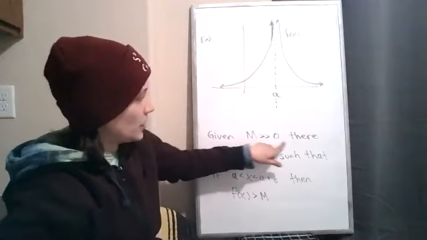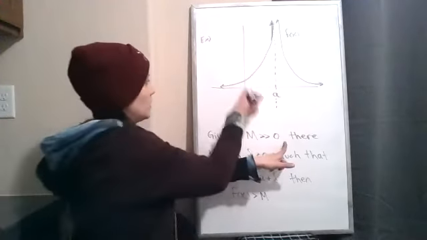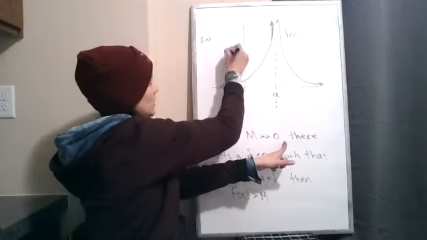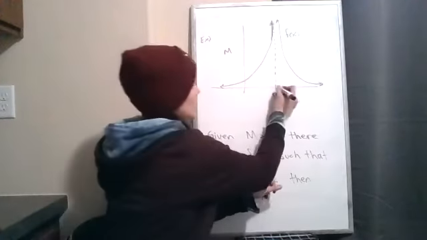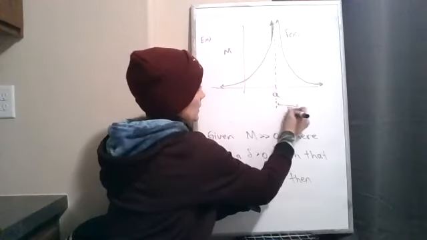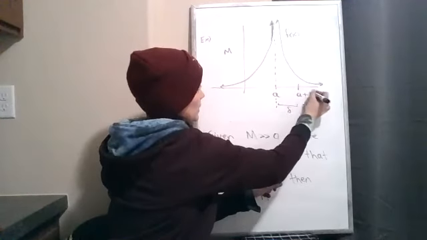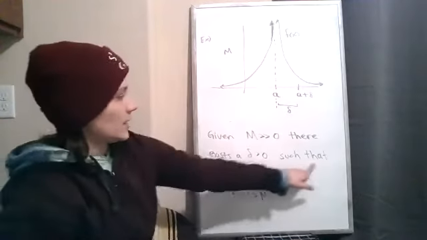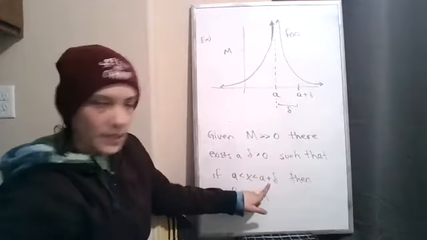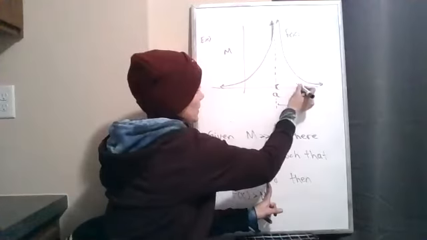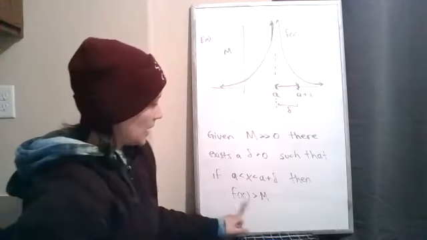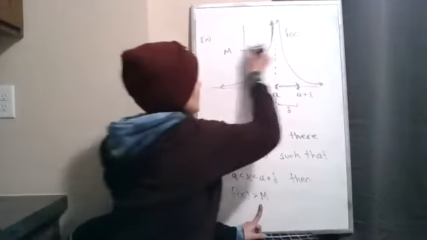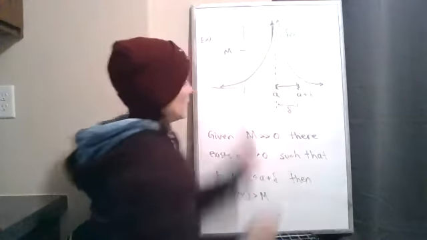Given some m much greater than 0, so some value m like this, there exists a delta greater than 0. Put delta, this is a plus delta, such that if x is between a and a plus delta, somewhere between here and here, then f of x is greater than m.